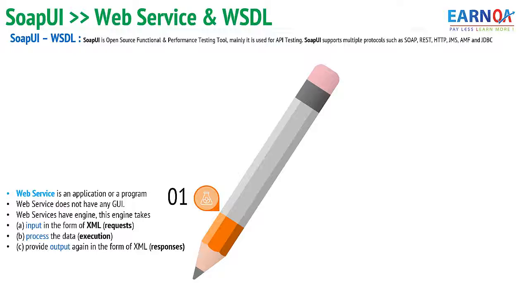A web service is an application or a program. It does not have any UI, and it is pure documentation written in the form of XML. It takes input in the form of XML, it processes that data, and it generates output again in the form of XML.